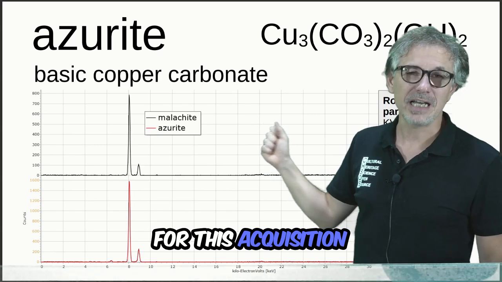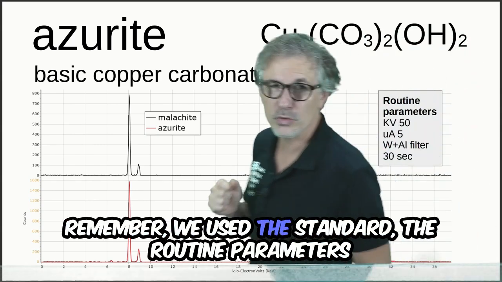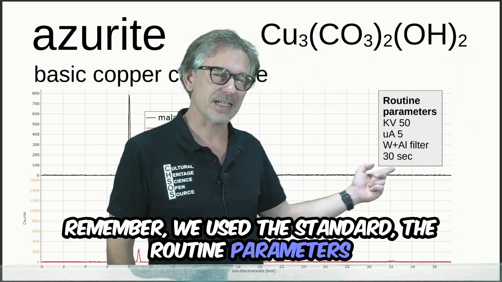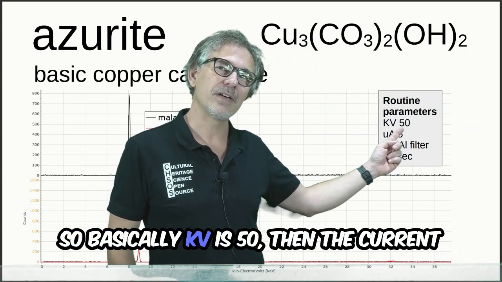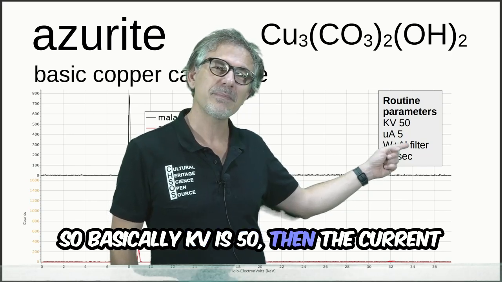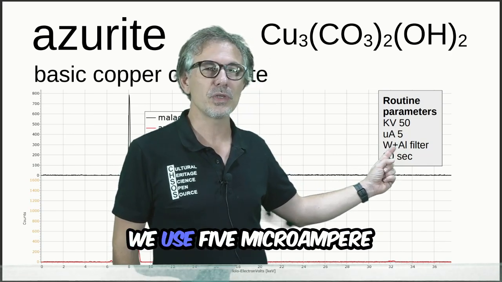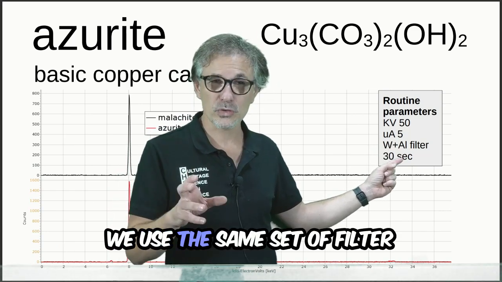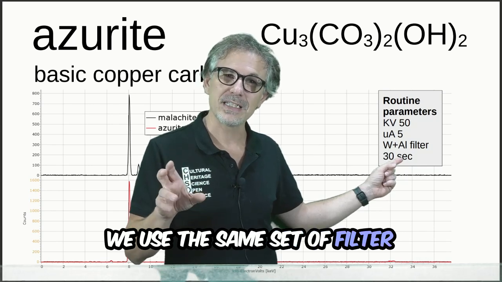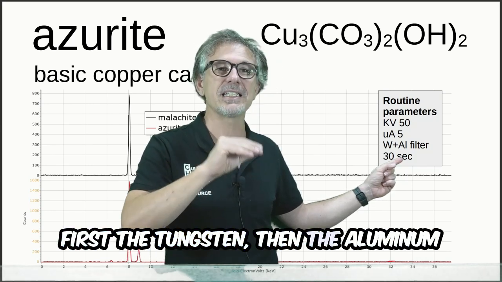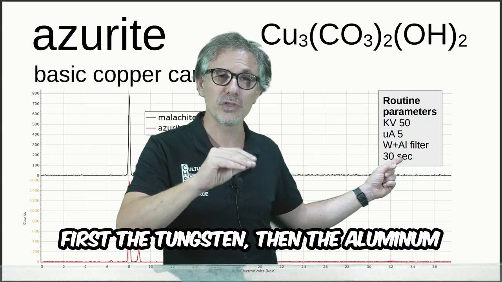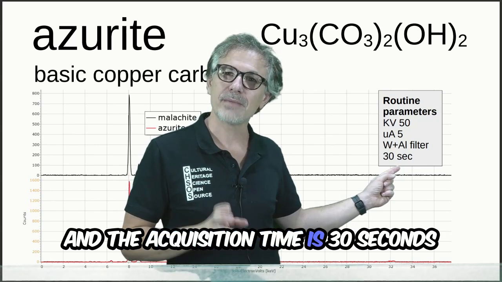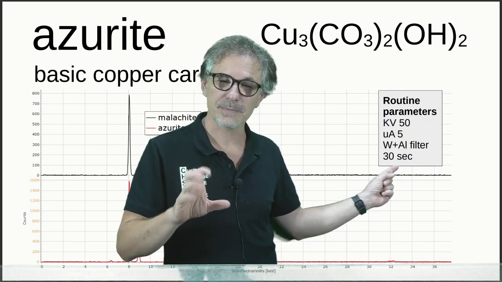For this acquisition, remember, we use the standard, routine parameters. Kilovolt is 50, the current is 5 microamperes. We use the same set of filters, first the tungsten, then the aluminum 1 millimeter thickness, and the acquisition time is 30 seconds.